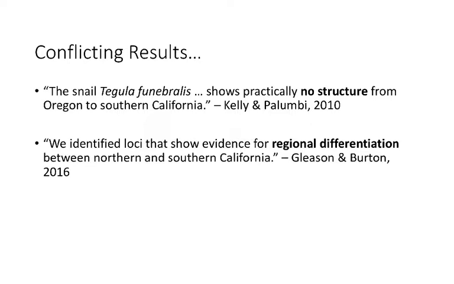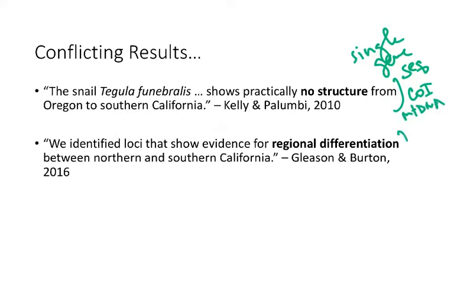And I want to point out a couple things here. First of all, this study was conducted using single gene sequencing. And they specifically used CO1, which is a mitochondrial DNA marker.